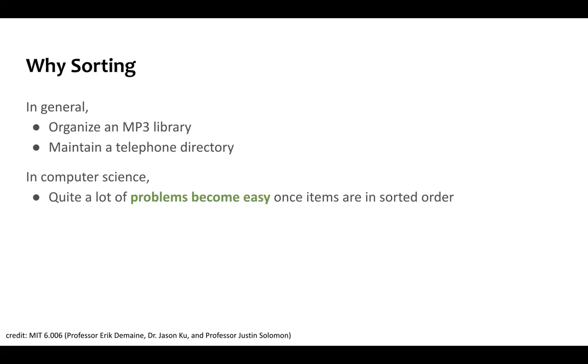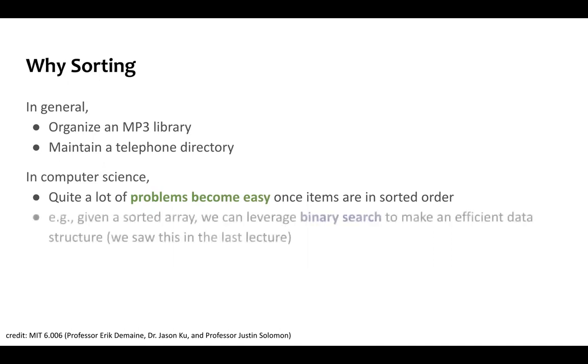We saw this in the last class. We could do binary search for sorted items. So this is an example. Given a sorted array, we can leverage binary search to make an efficient data structure. So we had a look at this last time.